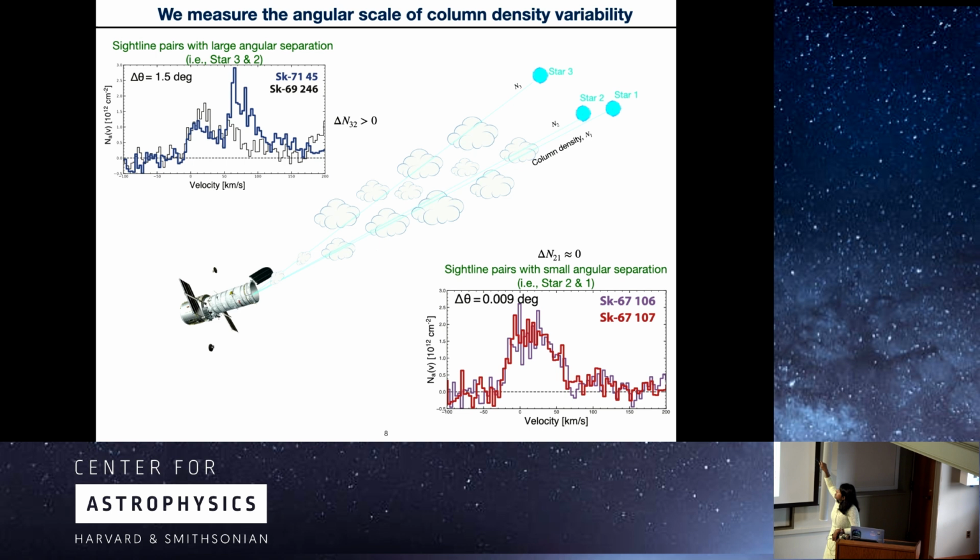And for sight lines that are farther apart, they will trace different material, so we'll see different column density profiles and different integrated column density. So using this technique, we can get the angular scale over which column density from one sight line to the next will vary significantly, and that will help us to constrain the physical size scale of these structures.